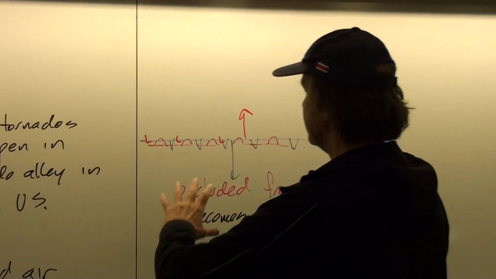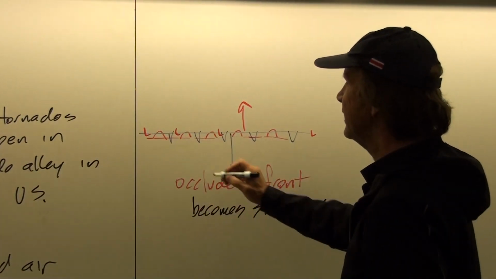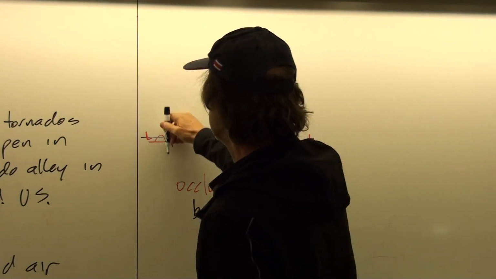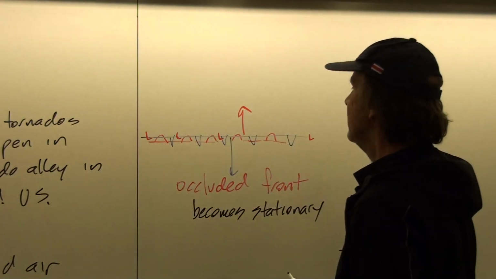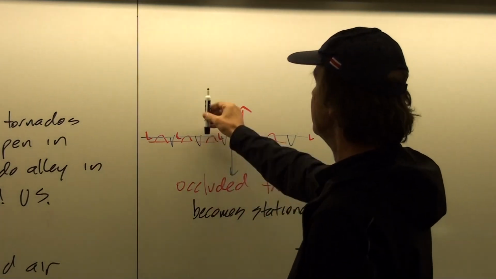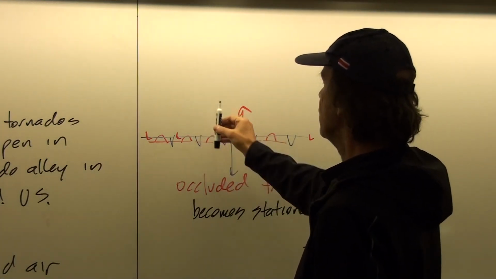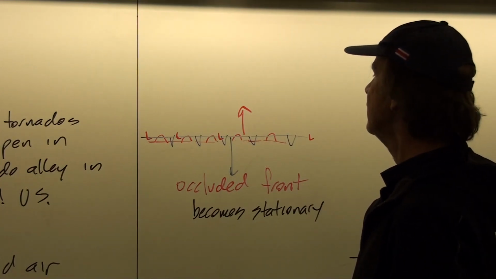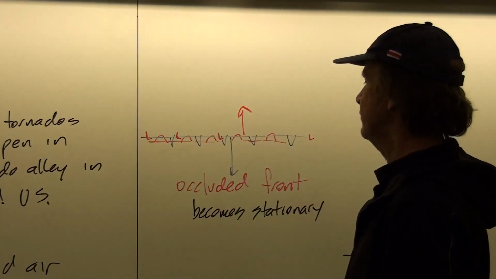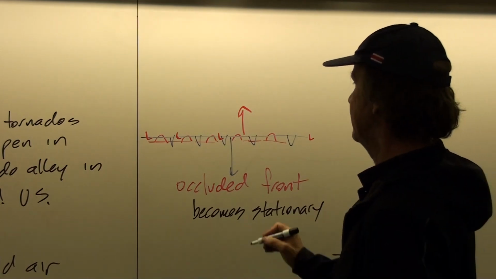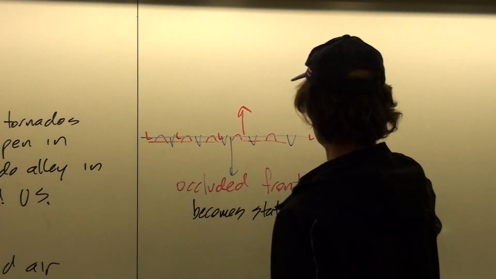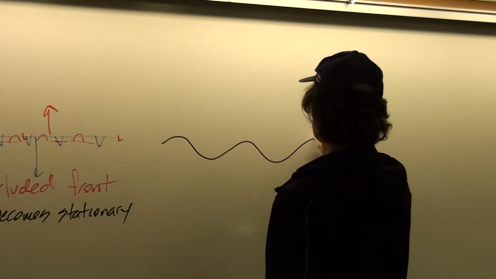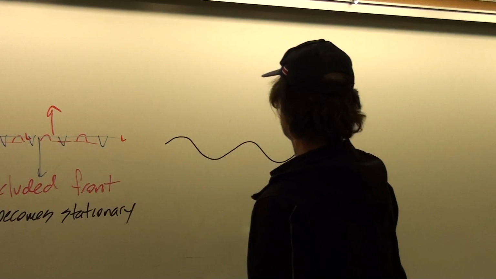But this is a low pressure region, and there are going to be some places where the low pressure cold air pushing this way will have more of an effect, and there'll be other places where the warmer air from below associated with the warm front will get the upper hand. And so what this will tend to do then is create wave-like structures in this polar front.